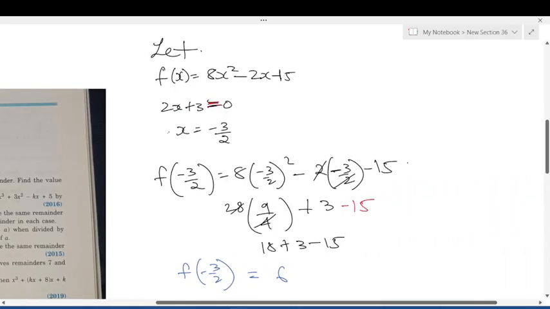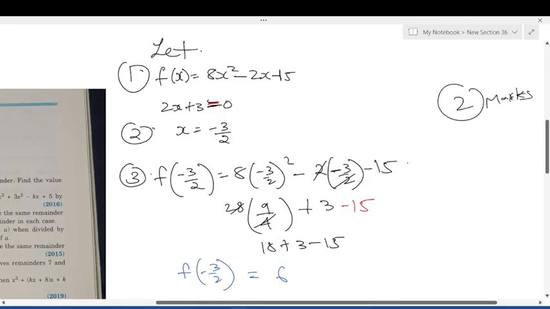Equate it. Once you get that, in place of x, substitute. First step, second step, third step. Write these 3 steps and write the final answer. F of minus 3 by 2 is equal to 6. Three marks, I don't know. Actually, this one they ask for 2 marks.